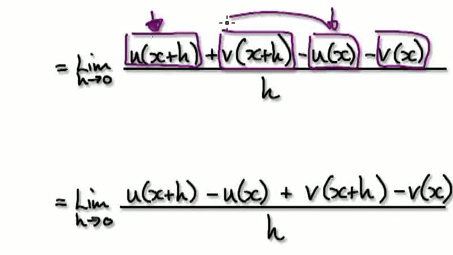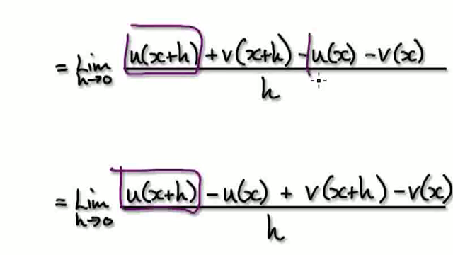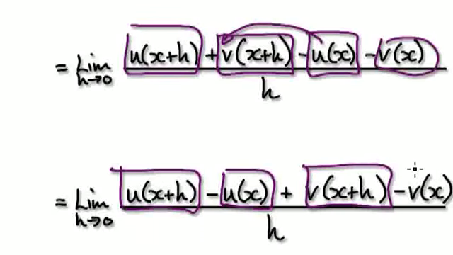So let's move this block next to this u here. So it's us moving this block over to here. Okay, so this block here stays the same, and then we're going to move this block here to over here. Okay, and this v of x plus h here is this bit here, and this stays the same.